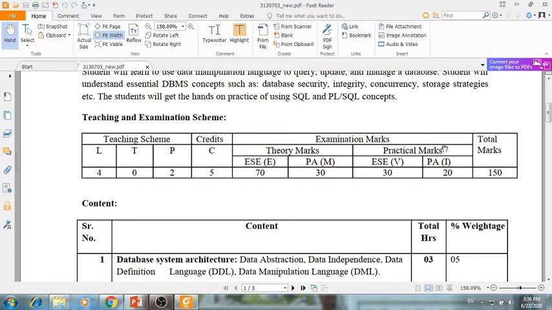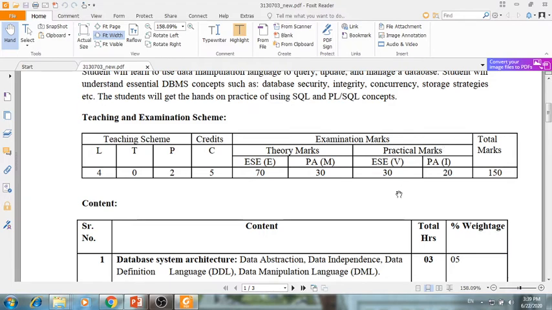It is a 5 credit subject and GTU offers 70 marks for the semester exam, which will be taken by the university GTU, then 30 marks for the mid-sem exam at institute level, then 30 marks for the viva, and the last 20 marks for the term work, which includes Oracle certification plus lab performance, practical performance. The detail of Oracle certification will be told to you very soon. So it consists of a total of 150 marks.